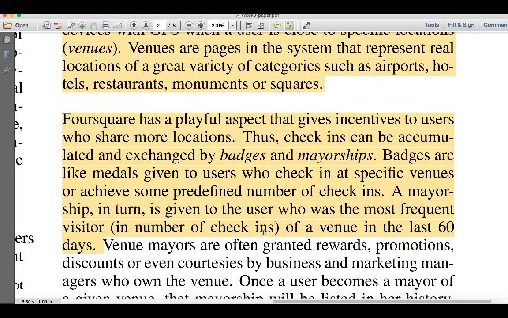Badges: the first time a person comes, they get a newbie badge, so to say, and somebody who checks into the system late in the night or early in the morning. There were different badges that could be given in systems like Foursquare. Mayorship I've already explained. Right. So the text says that badges are like medals given to users who check in at specific venues or achieve some predefined number of check-ins.